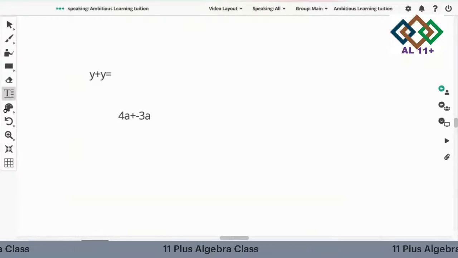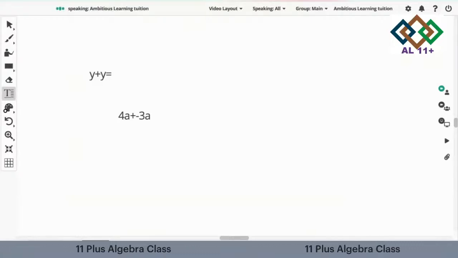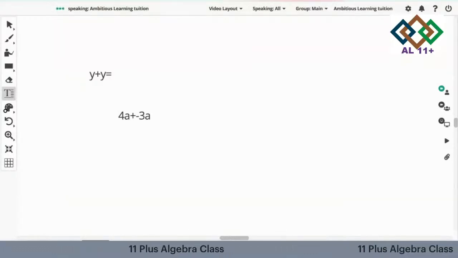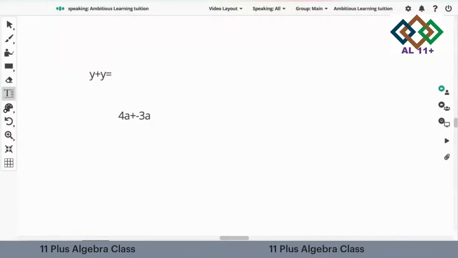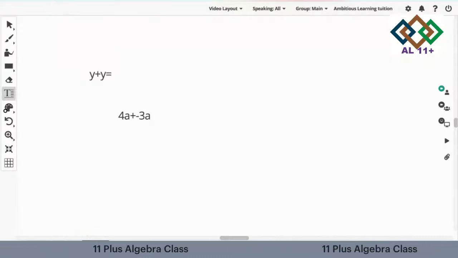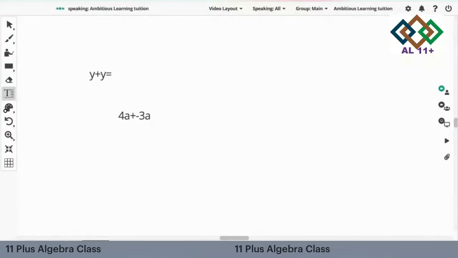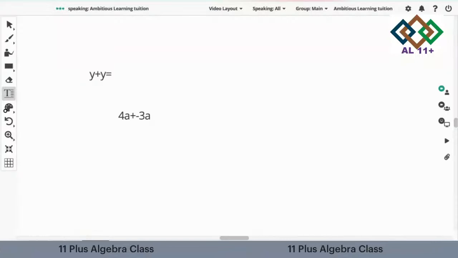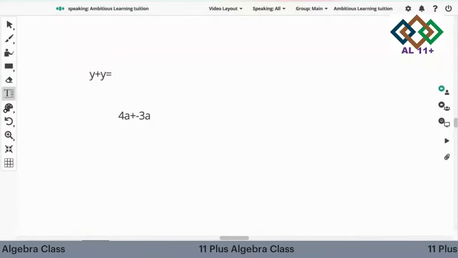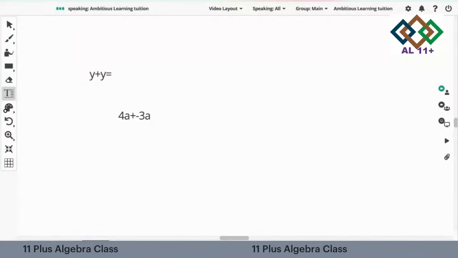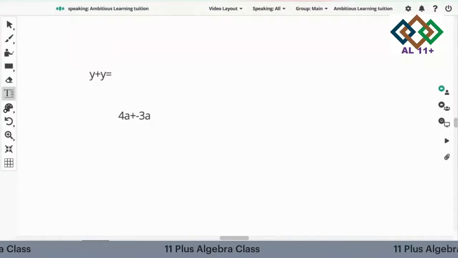If you have 4a plus a minus 3a, you will subtract, but you will take the sign of the bigger one.